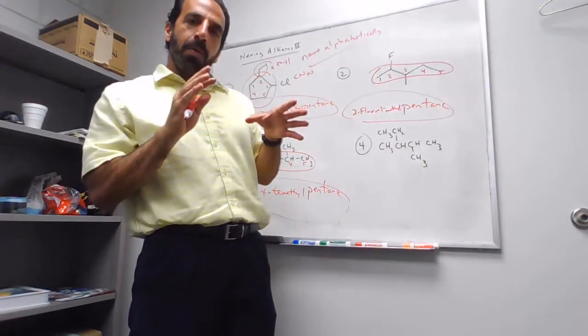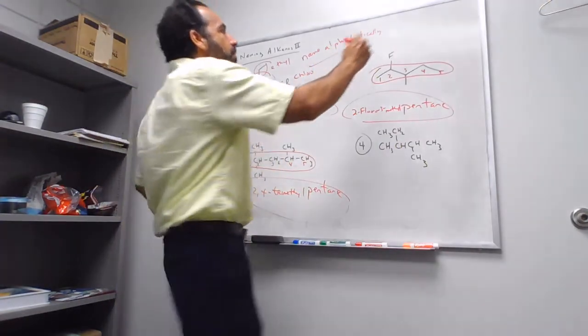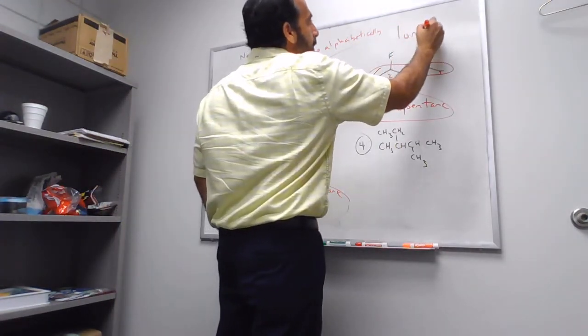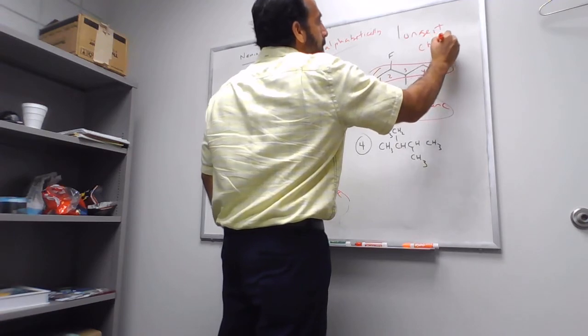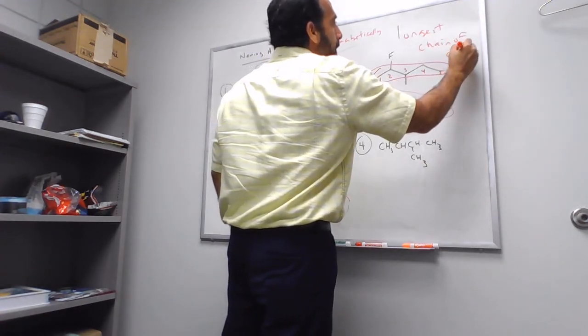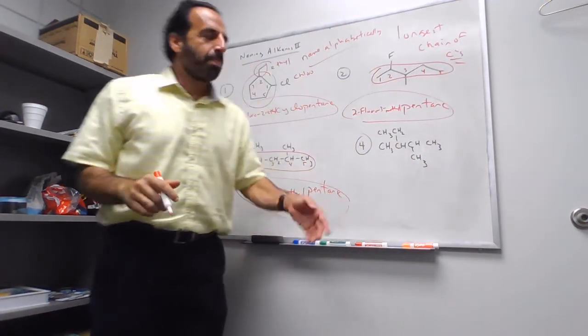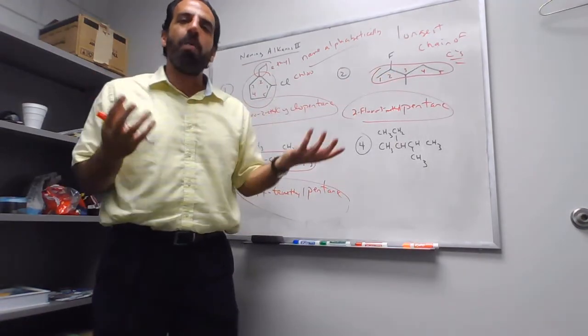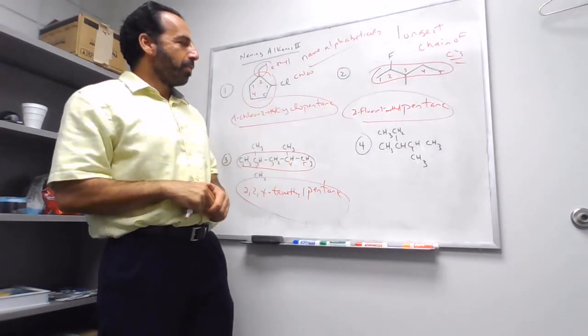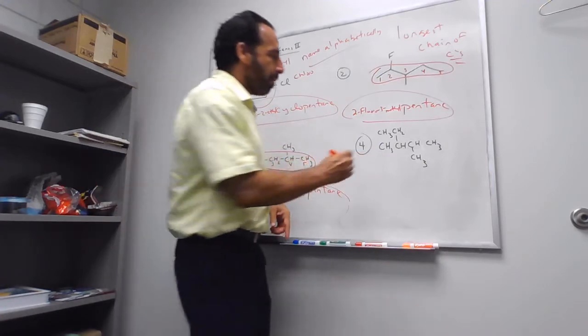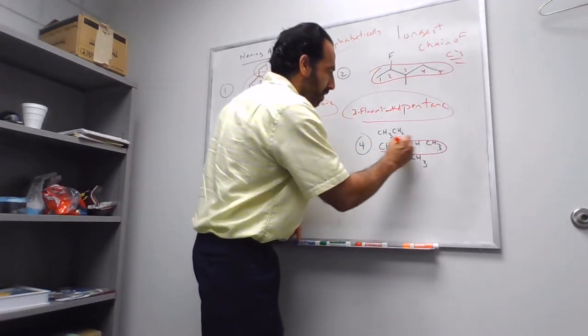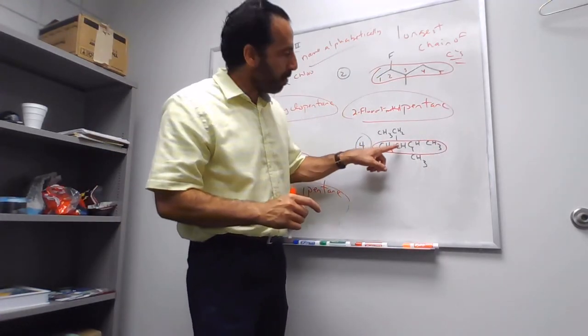The last one now, we have to pay attention to the longest chain. You always want to find the longest chain of carbons. For the most part, it's always the one across, but not always. Sometimes they try to trick you when they're doing it. So if I call this the longest chain right here, let me do this for a second. If I did this, I would only have 1, 2, 3, 4.